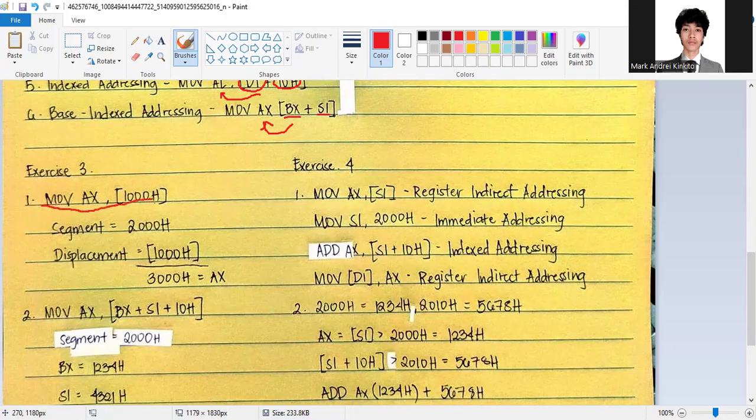The segment is 2000H, and our displacement is 1000H. So 2000 plus 1000 will be 3000. So AX will then have the value of 3000.